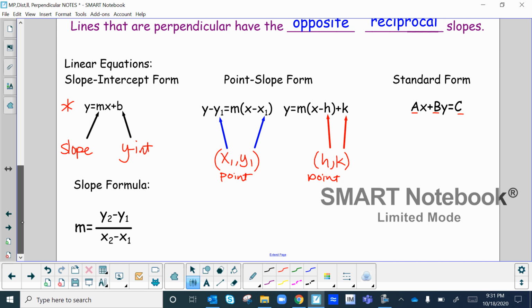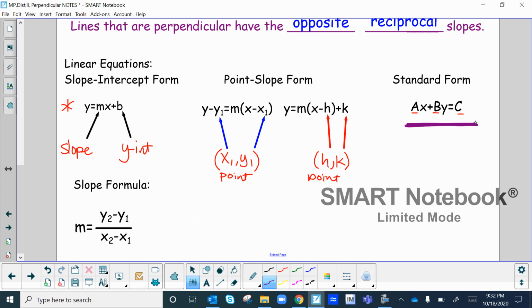We are going to have to use that since we are working with slopes, and that'll help us figure out if lines are parallel or perpendicular. We cannot tell if the equation is written in standard form. You cannot tell if they are parallel or perpendicular. They have to be written in slope-intercept form so we can see that slope.